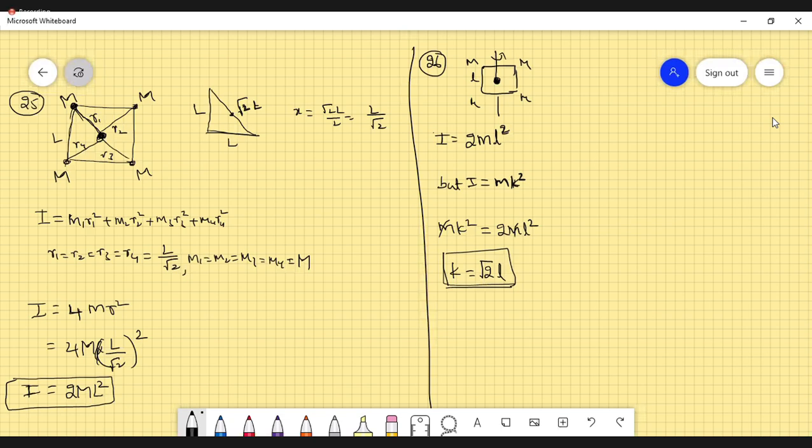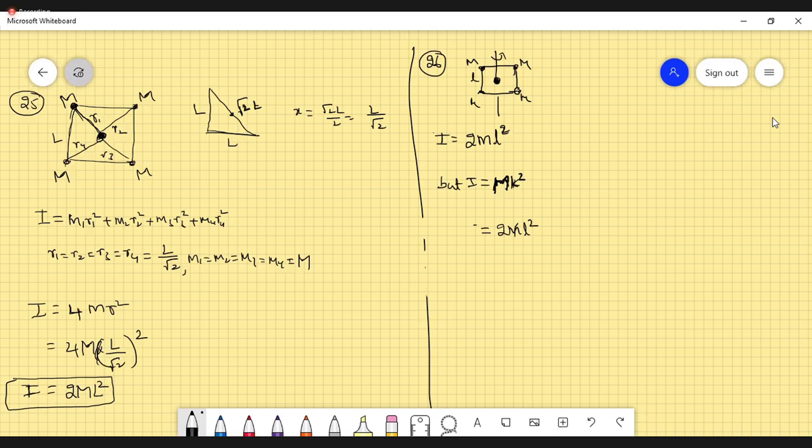One minute. Actually, wait one minute only. Actually, the moment of inertia will use the total mass. So what is the total mass of the four particle system? Total mass is 4m. Yes, sir.